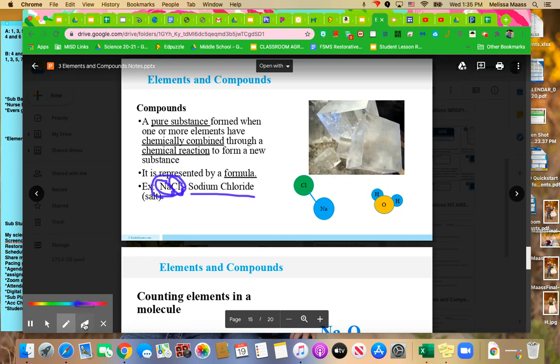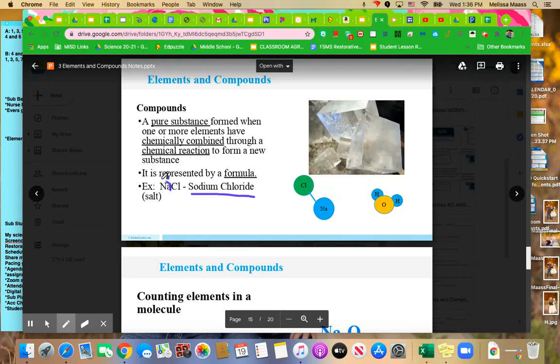An easy way to essentially pinpoint elements in a chemical formula, because you can have really long formulas too, is to remember what I talked about in the prior video: an element is going to be one capital letter, or a capital letter followed by a lowercase letter.